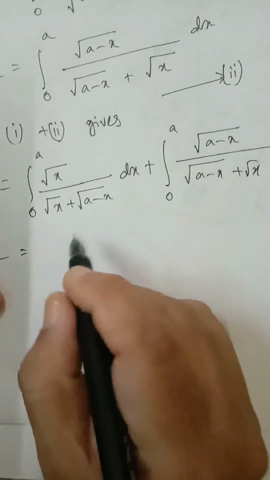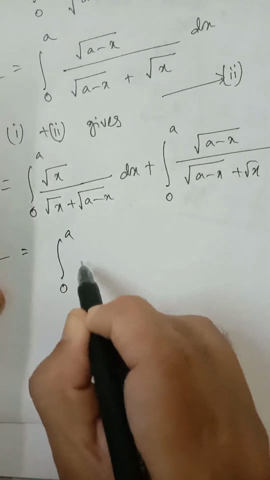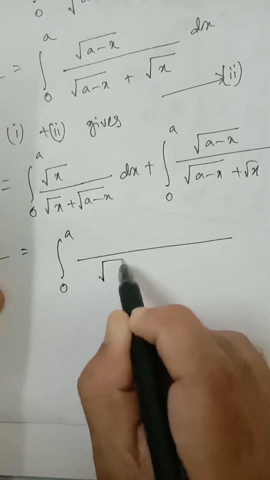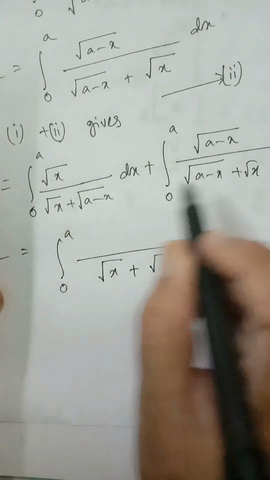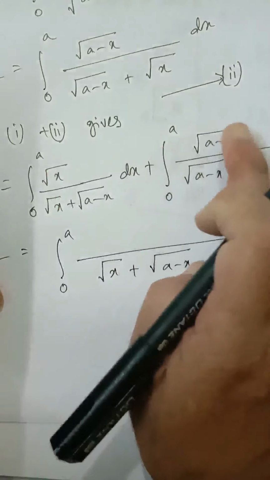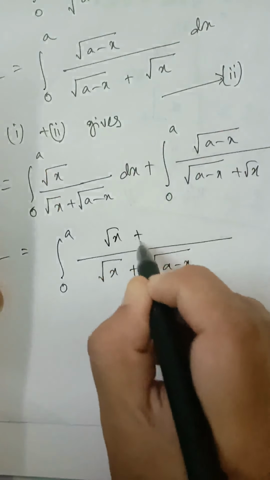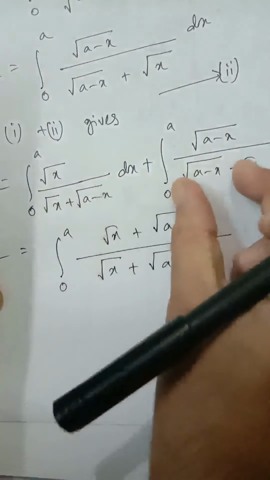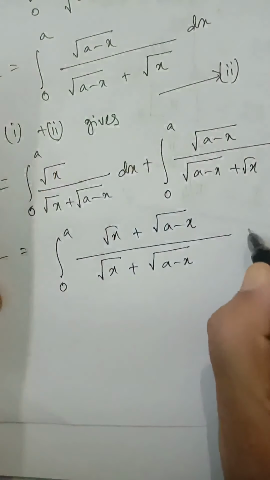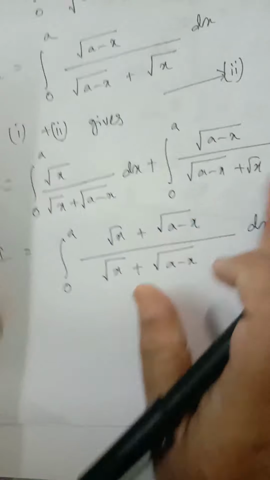if we take LCM on the right hand side, the denominator will be root over x plus root over a minus x, and the numerator will be root x plus root a minus x. As the denominator is same in both the integrals, the numerator will be this plus this. You can see these two terms will get cancelled.